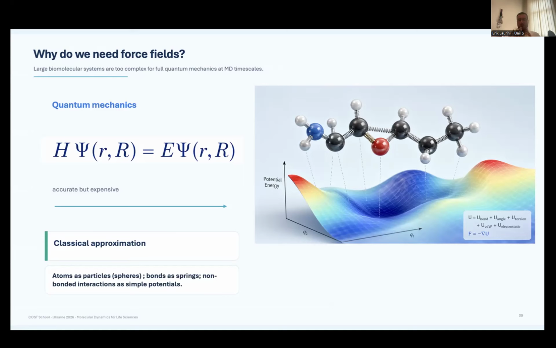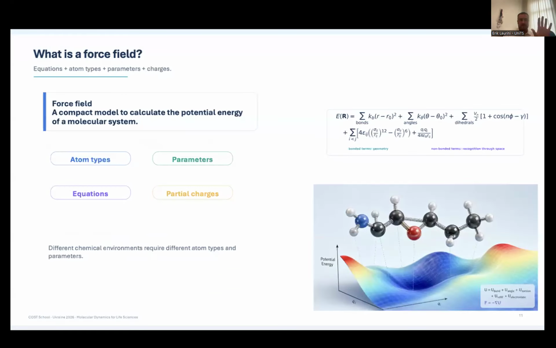With this approximation, we are able to define the energy of the molecular system connected with its structure by a sum of different equations defining the energy, coming from classical physics. And this is exactly the concept of the force field.